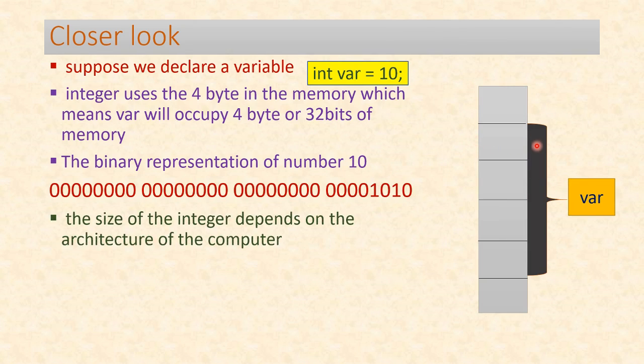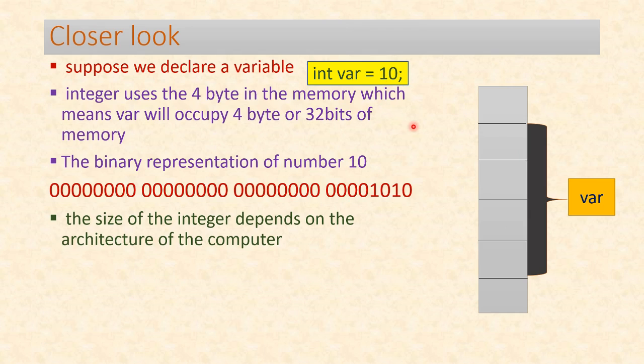You can see we have declared a variable whose value is 10, and the binary representation of number 10 is this, that means 32 bits, as this data type uses 4 bytes of memory. So this is 1 byte, 2 byte, 3 byte, and 4 byte, and each cell consumes 1 byte of memory. So integer needs 4 bytes, so we need 4 cells to store this value 10.